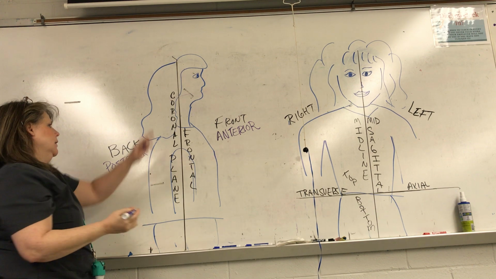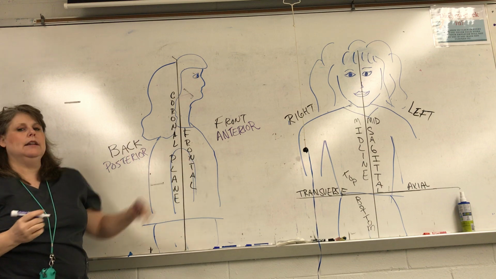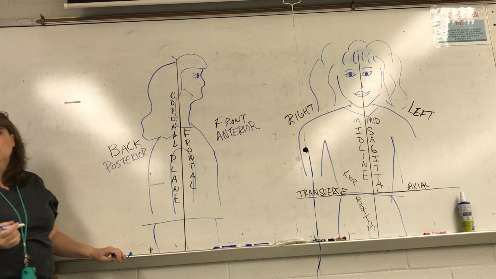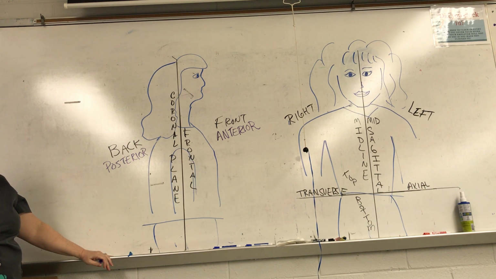So those are opposites, back and front, posterior, anterior. And then we have one more set of opposites, which is ventral and dorsal. Those sort of mean front and back, and they sort of don't mean front and back.